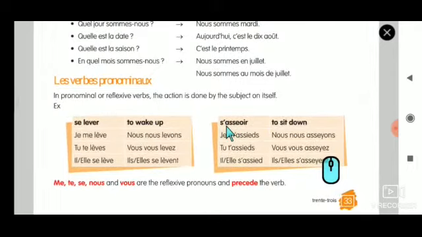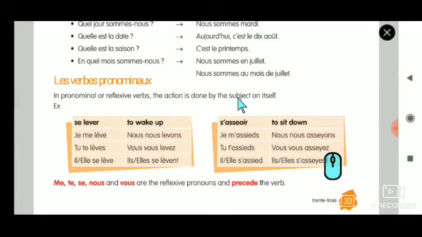We have already said this in conjugation. In case someone has missed it, just listen to this. Les verbes pronominaux. In pronominal or reflexive verbs, the action is done by the subject on itself. The subject is nothing but you yourself. You get up on your own, you comb your hair, you wash your face, or you have your breakfast.